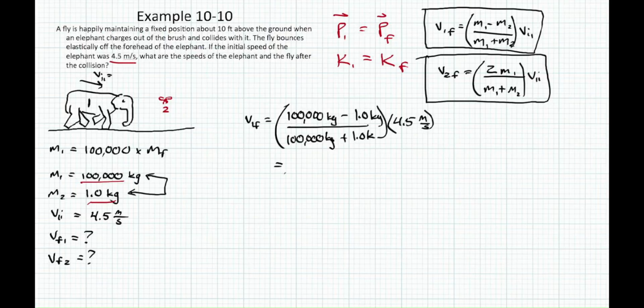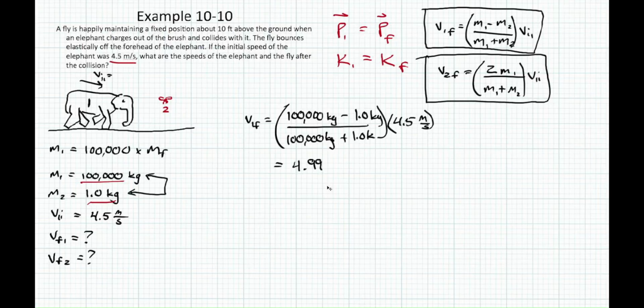What do we get if we calculate that out after our elephant hits our fly? You get something in the neighborhood of 4.4999 meters per second.